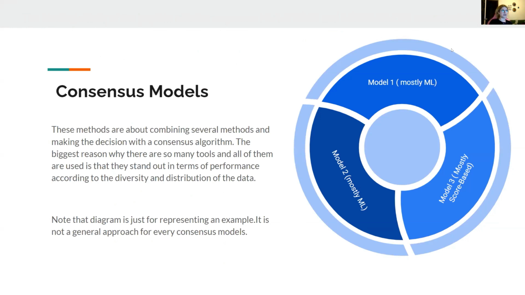That is the biggest reason why there are so many tools, and all of them have different strengths, so they get the best results possible. But these methods are about combining several methods and making a decision based on a consensus algorithm.